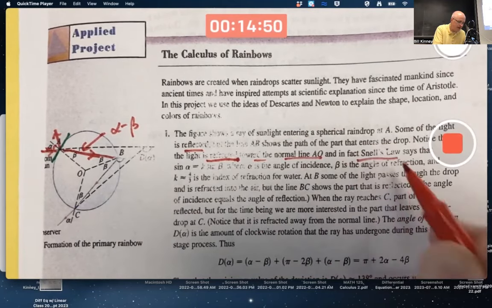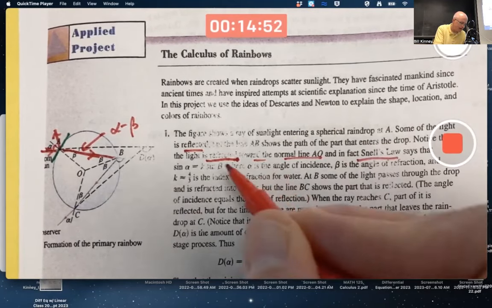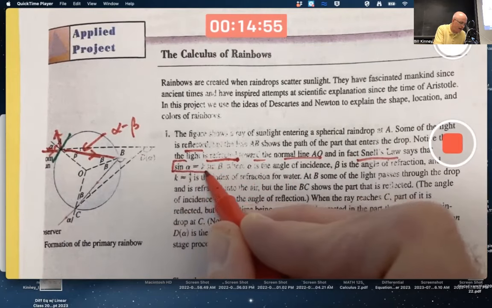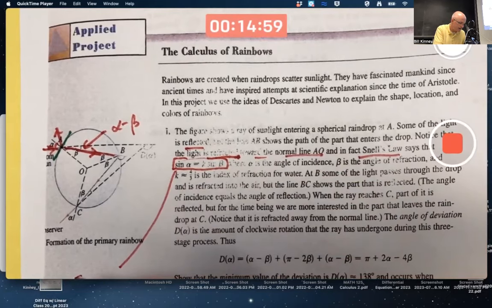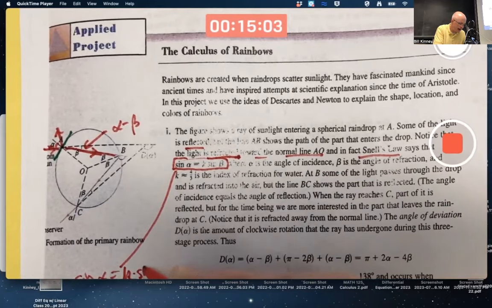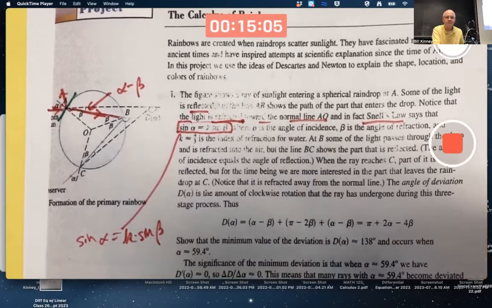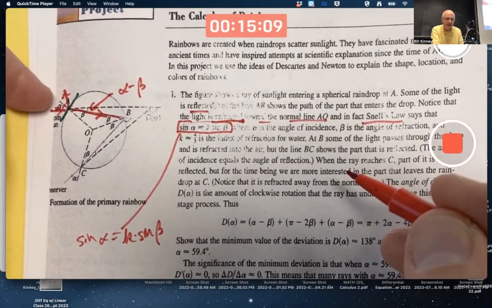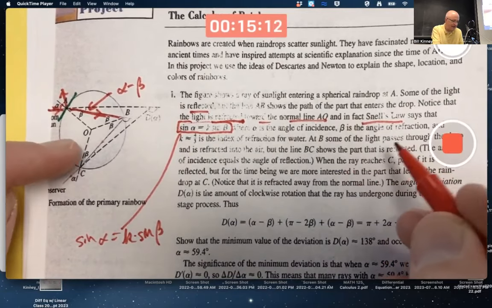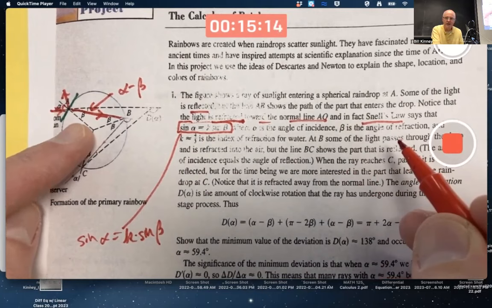And in fact, Snell's law, oh, this is hard to see, says sine alpha equals k times sine beta, where again, alpha is the angle of incidence right there and beta is the angle of refraction right there. Beta, you can see, is a little smaller than alpha.